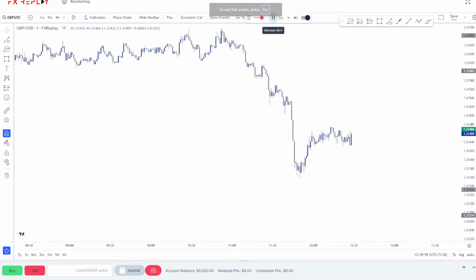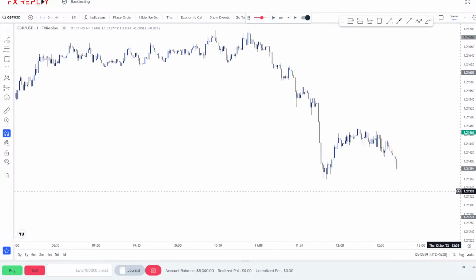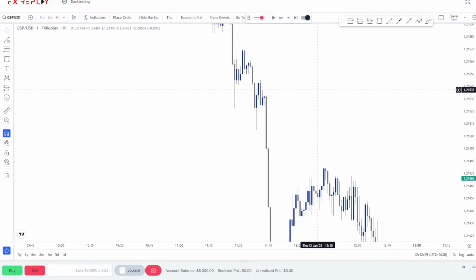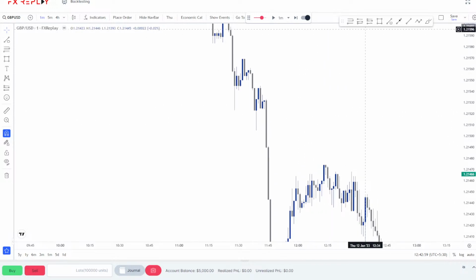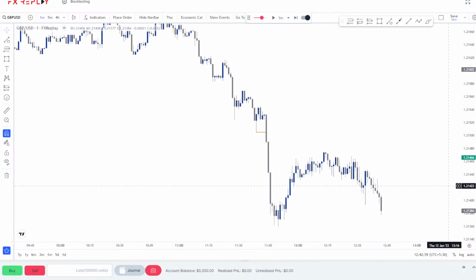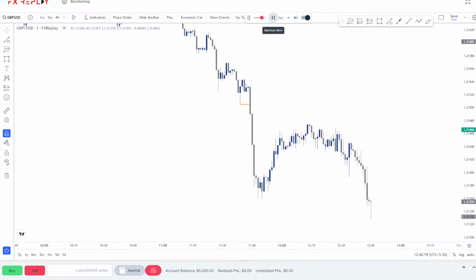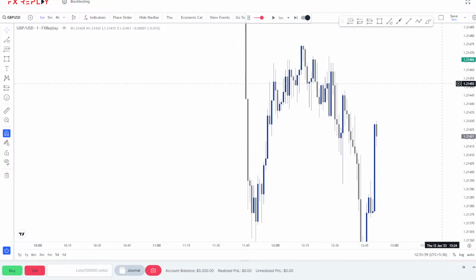So let's wait. Okay, yeah, this is a breakout structure. Maybe if you would come there, we would have taken it.